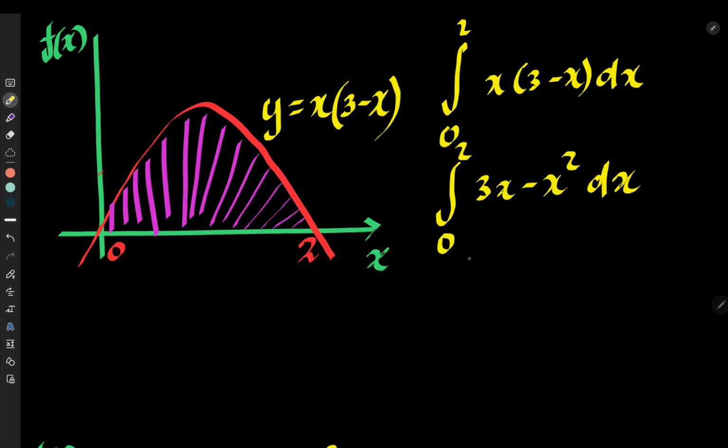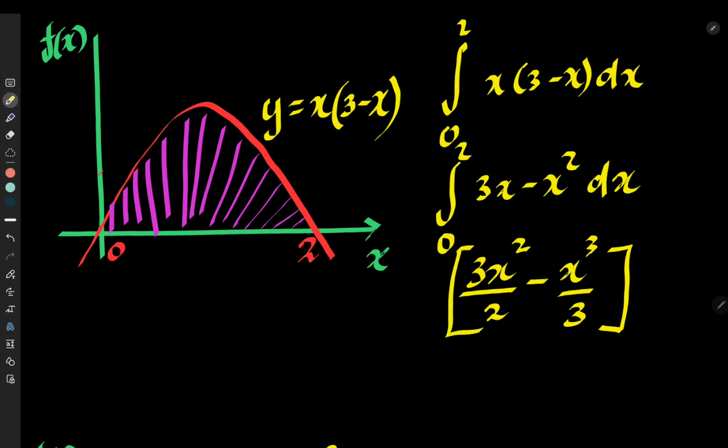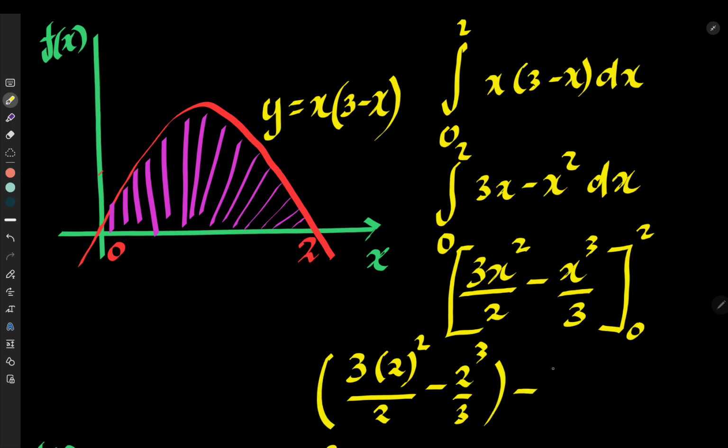Then we can do our integration, and the integral of that will be 3x squared divided by 2 minus x cubed divided by 3. Remember, this is a definite integral, with the limits 0 to 2. Then we can now evaluate at 2: that will be 3 times 2 squared divided by 2 minus 2 cubed divided by 3, minus the bracket of 3 times 0 squared over 2 minus 0 cubed over 3.